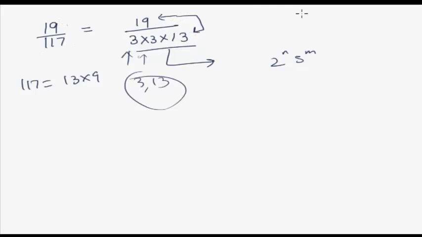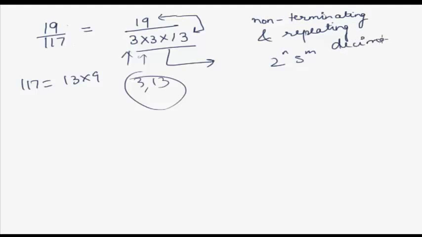Thus, by the theorem that we have discussed, we can conclude that it has a non-terminating and repeating decimal expansion. In fact, if we divide the number 19 by 117, we will get the decimal expansion as 0.162393162 and so on. So this block will get repeated over and over again.